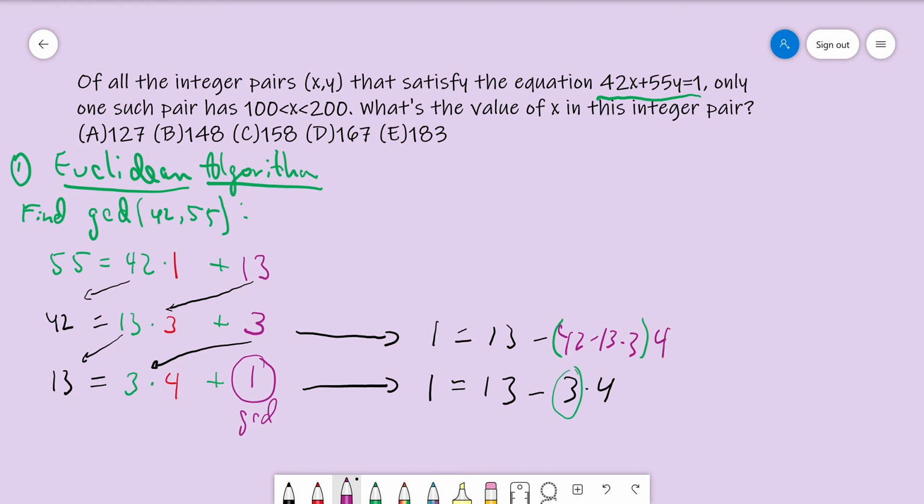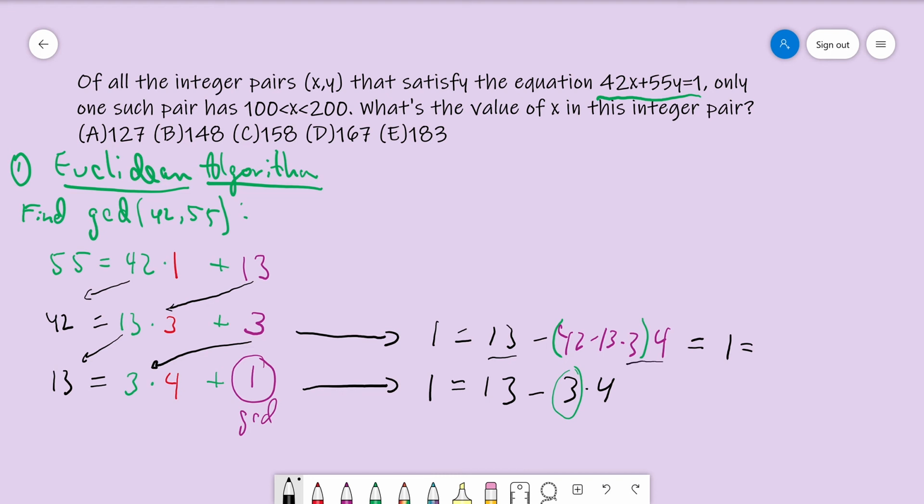Well, let's simplify this. 1 equals the 13. If you notice, you have 13, and then you have minus negative 13 times 3 times 4. So that's like 12 times 13.